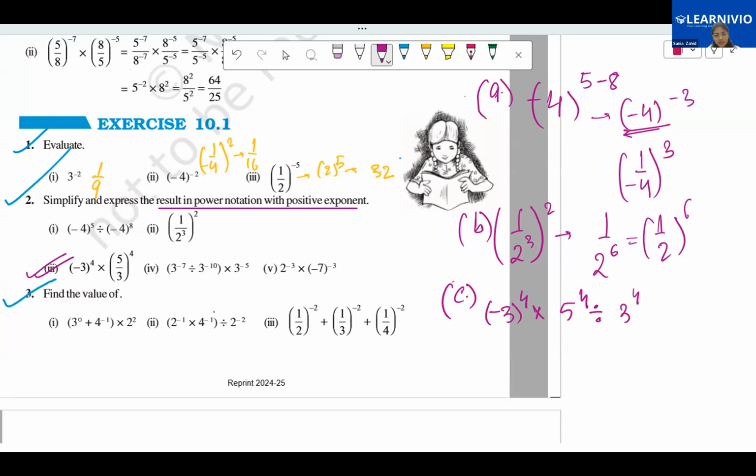Minus 3 to the power 4 divided by 3 to the power 4 gives you minus 1, into 5 to the power 4. It gives you minus 15 to the power 4 divided by 3 to the power 4. So minus 15 by 3 is equal to minus 5 to the power 4. Okay, children? Yes, ma'am.